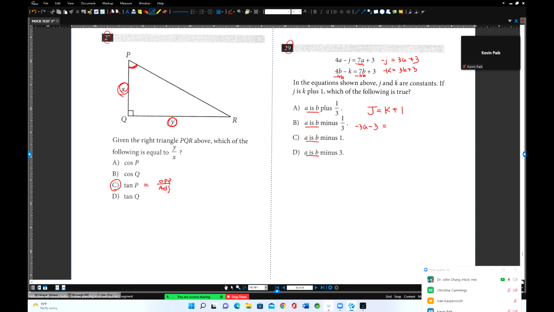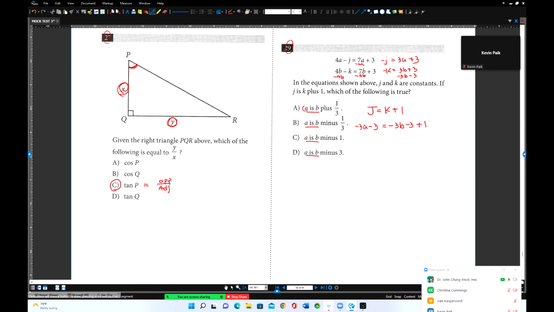Okay? So minus K, what is that? Minus 3B minus 3, okay? So minus 3B and minus 3 plus 1. That's okay. So we're going to express A and B both positive.